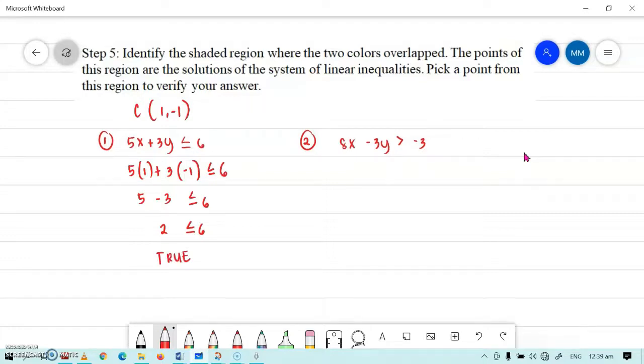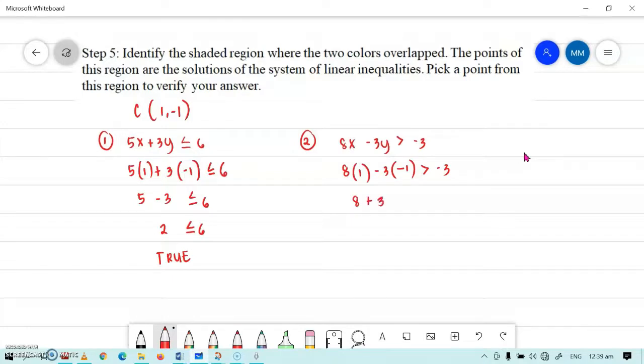Now let's go to the second inequality. 8x minus 3y is greater than -3. Substitute 8 times 1 because x is 1, minus 3 times -1, is greater than -3. 8 times 1 is 8. -3 times -1 is +3.